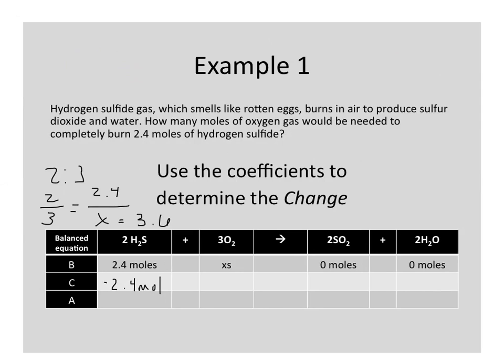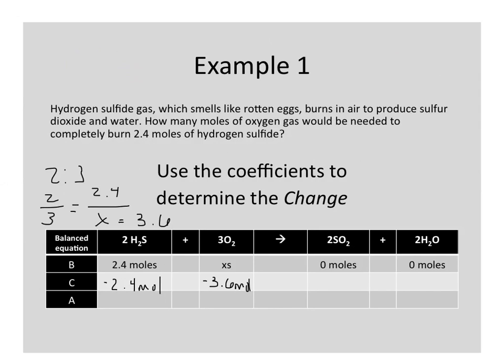So we're going to take away 3.6. So that's why I'm using these negative signs in front of my change, because we are removing the 2.4 H2S and the 3.6 moles of O2. We are taking them away and breaking them down to make our products.